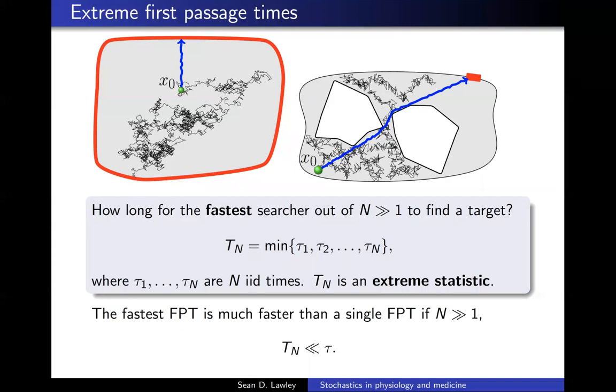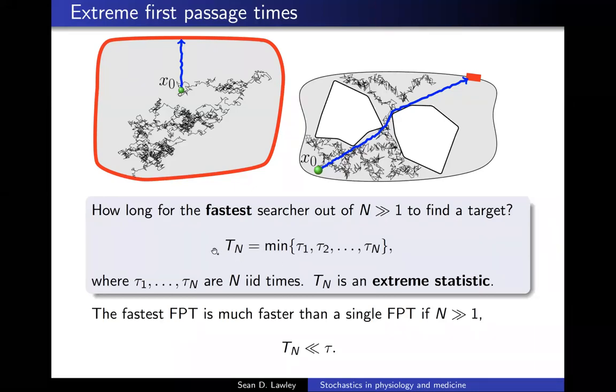The idea is you have many searchers, capital N, where N is large, and what matters, like in the fertilization example or other biological examples, is not how long it takes the average searcher, but how long it takes the fastest searcher, which I'll define to be capital T sub capital N, the minimum of all these individual first passage times. So the taus are these individual first passage times, and T_N is the fastest one.